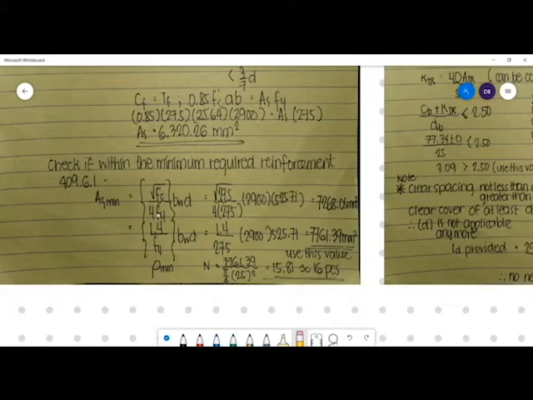Pero yung soft copy na meron ako is the first print, first set of prints for the NSCP 2015. Kaya medyo may differences between their variables. So dito, square root of f prime of c over 4fy b sub w d, 1.4 over fy b sub w d. Yung dalawang formula na to, yung naka-bracket, they are called the rho minimum, or the minimum steel ratio.